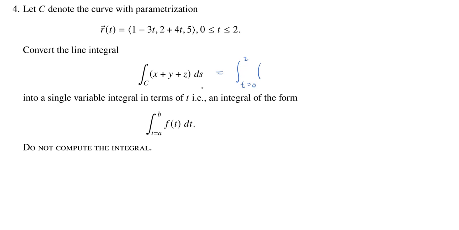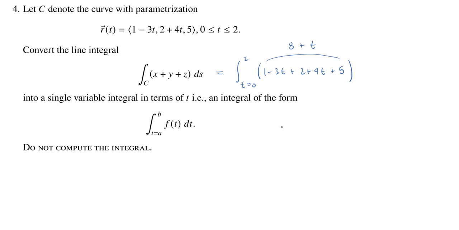So I can replace my x with 1 minus 3t, my y with 2 plus 4t, and my z with 5. Of course, there's still this ds to take care of, but there's a nice little simplification if we wanted to. I have a 1, a 2, and a 5, that's an 8. And then I have a minus 3t and a plus 4t, so this will be 8 plus t. Wonderful. The last thing we need to do is convert this ds.